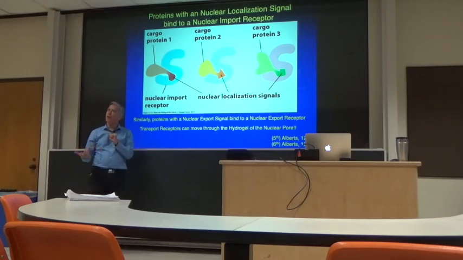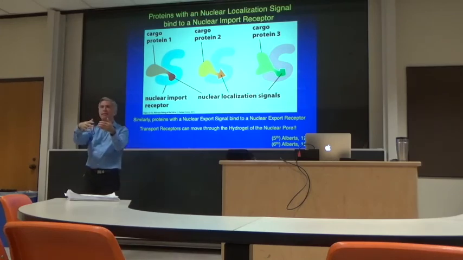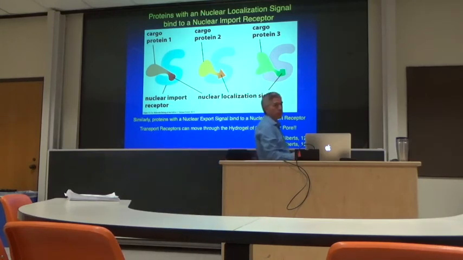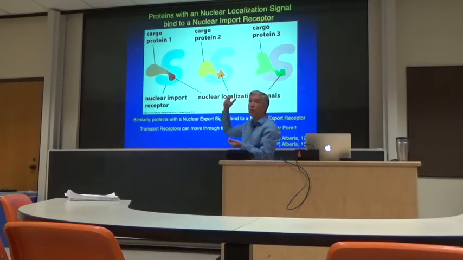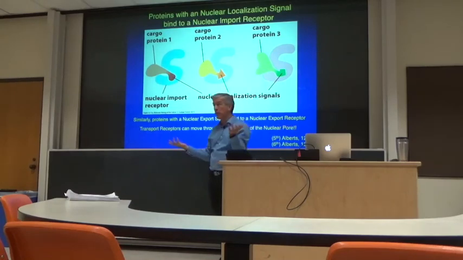What would be your prediction of what amino acids are on the surface of the receptor to bind to the NLS? Aspartate or glutamic acid, negatively charged amino acids, right? And that's indeed the case. So we have a signal and we have a receptor. Notice that these 2 are totally soluble proteins.